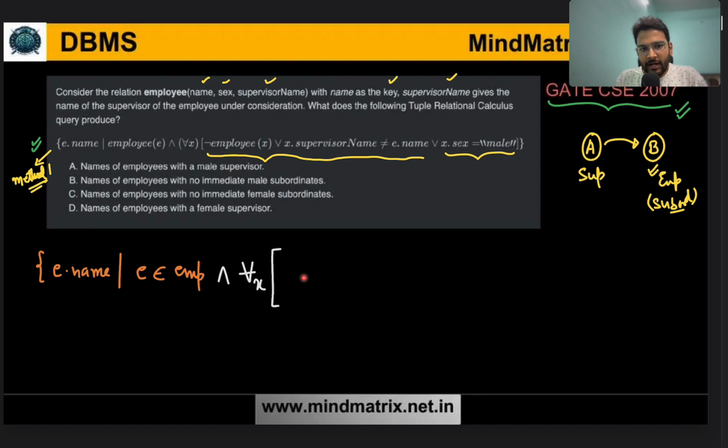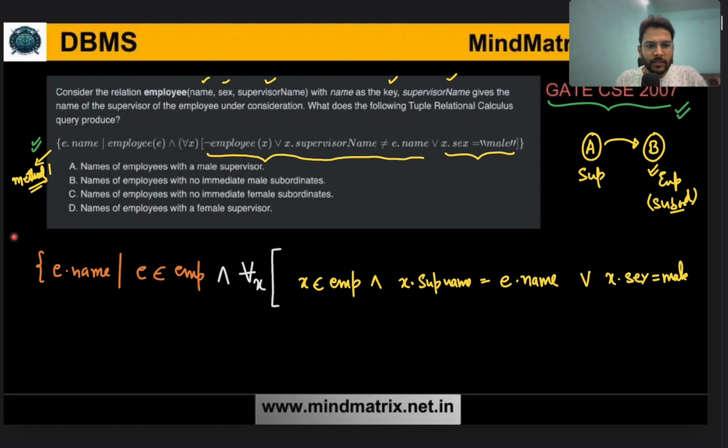Can I write like this, that X belongs to EMP and X dot supervisor name is equal to, because it was not equal to, so E dot name, that is equal to, right? Or X dot sex is equal to male. Can I write like this? Not like this, just a minute. Here it will be implies, right? Here it will be implies. Can I write like this?